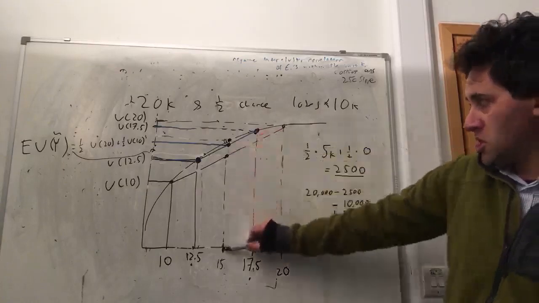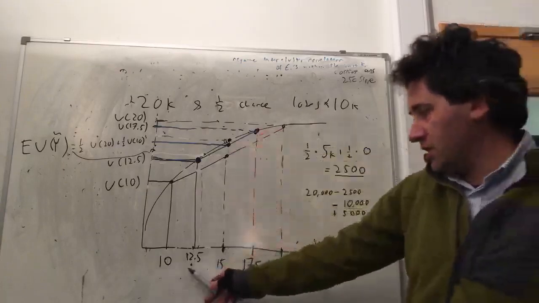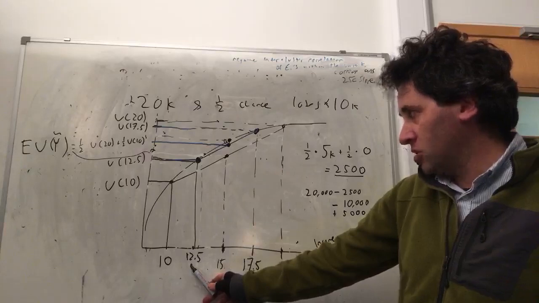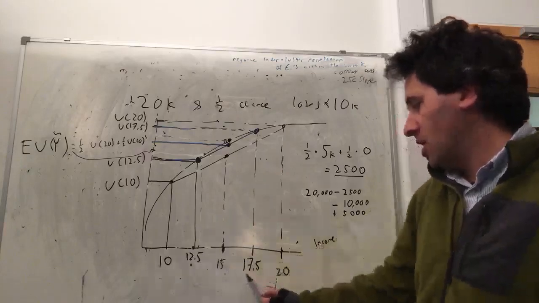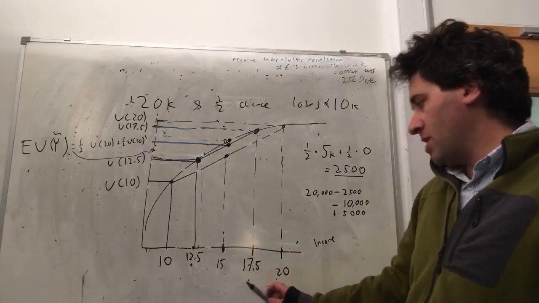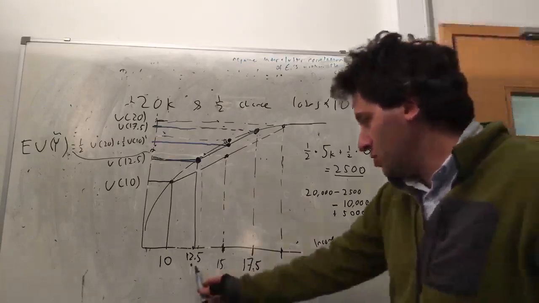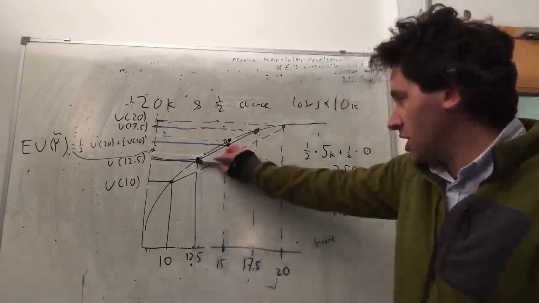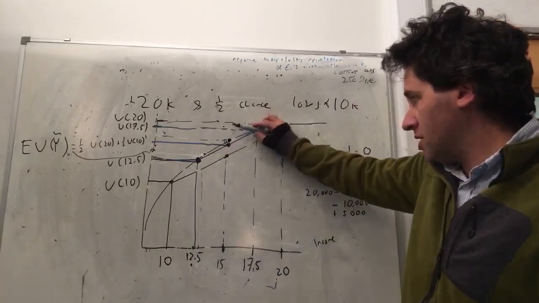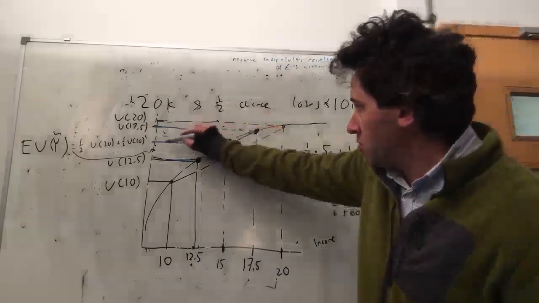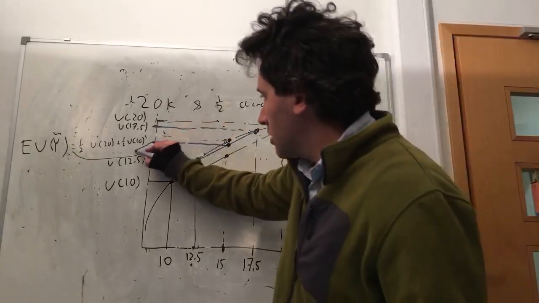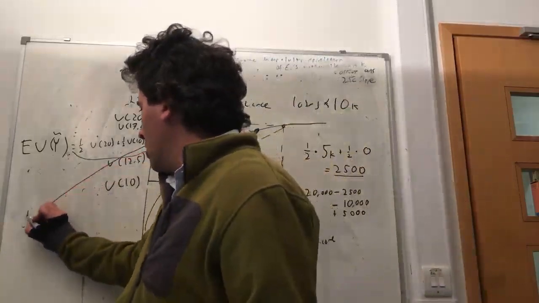The expected utility of having 12.5 half the time and 17.5 the remaining half of the time, or half the utility of 12.5 plus half the utility of 17.5, is this point here.